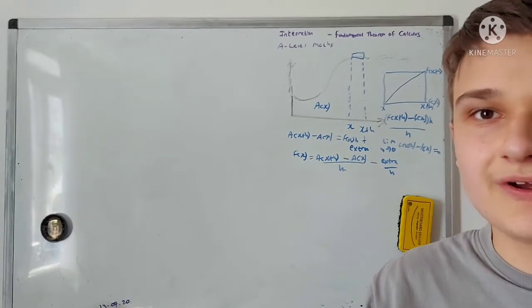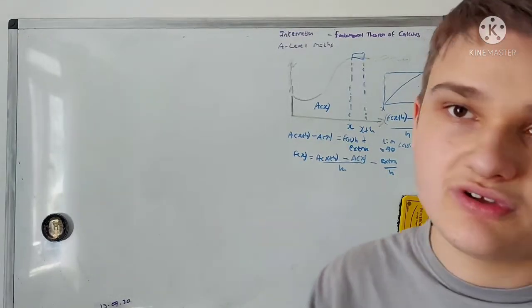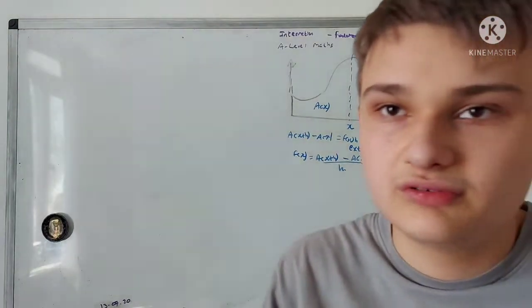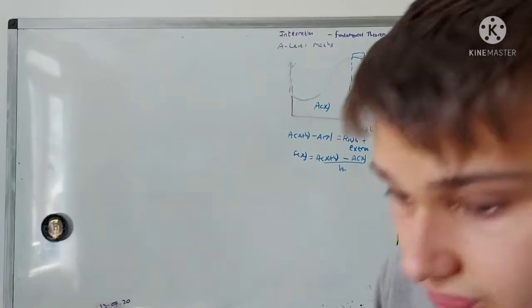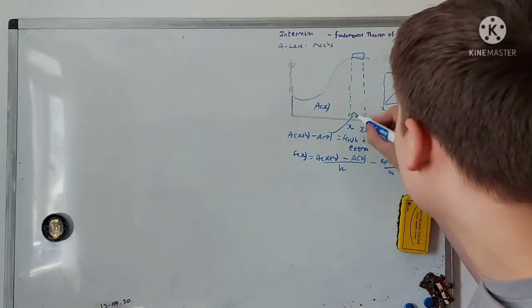That bit I want to talk about is if I have, for example, a different curve. So, we've got A of x plus h that we had, which was this bit, so that can go in there.